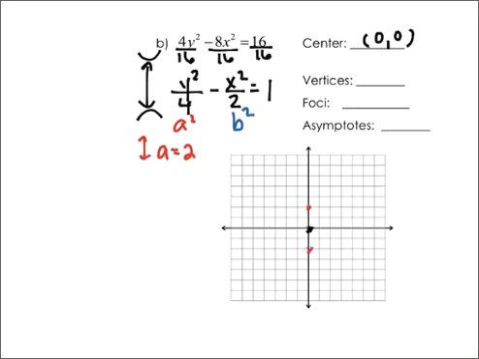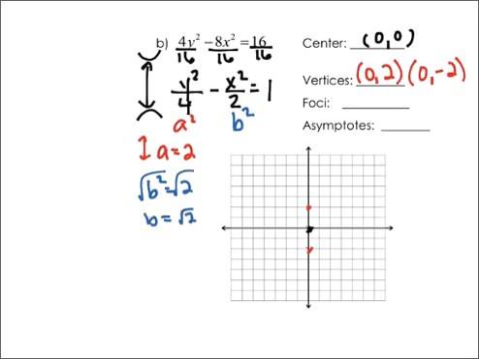So my vertices are at 0, 2, and 0, negative 2. I can go ahead and find my b now. B isn't going to be quite as pretty because b squared was 2, square root that. B is radical 2, or about 1.7. So I'm going to go to the left 1.7 and to the right 1.7.